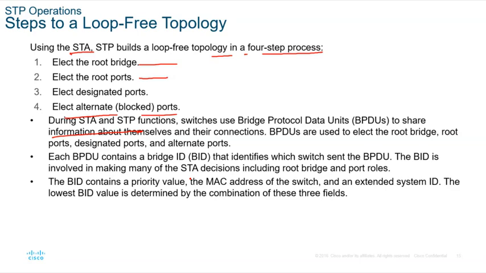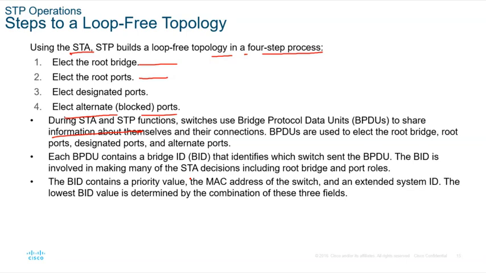And they have to agree among themselves which one is going to be the center. Without your intervention, where you interject and say you want this switch to be the root bridge, by default they communicate together and decide which one is going to be the root bridge.